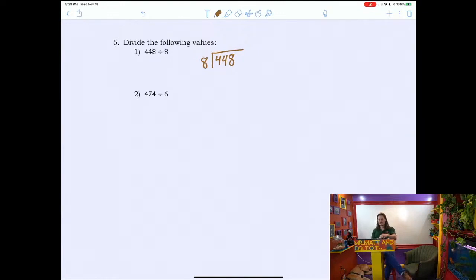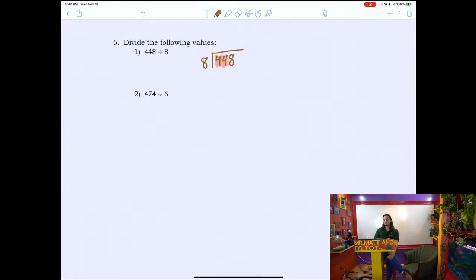Okay, looking at the value underneath the radical, or excuse me, not radical, division sign. Radical signs look very similar to division signs, but this is a division sign. Looking at the number underneath the division sign, the leading digit of 4 is not divisible a whole number of times by 8 because 8 is larger than 4. So instead of just considering 4 initially, I'm going to consider the number 44.